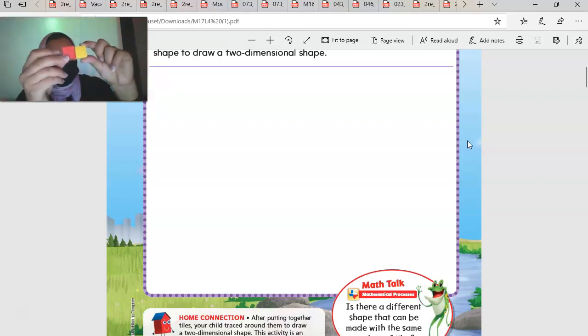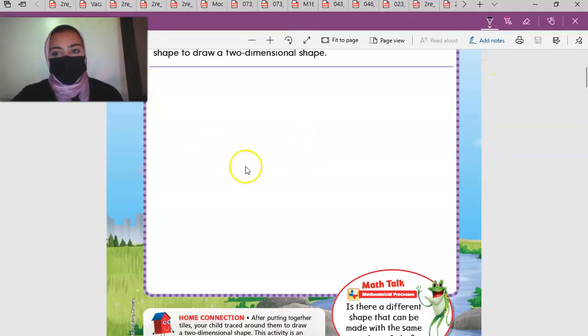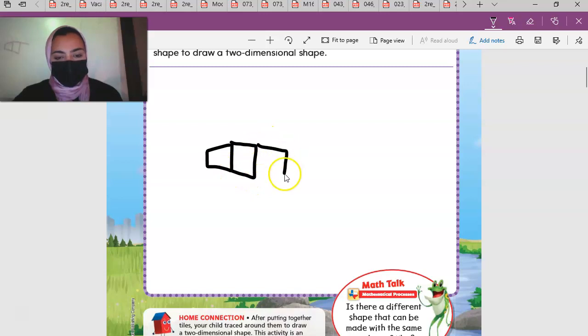So we're going to draw a rectangle using 6 of these color tiles. So first we're going to put 6 color tiles next to each other. 1, 2, 3, 4, 5, 6.